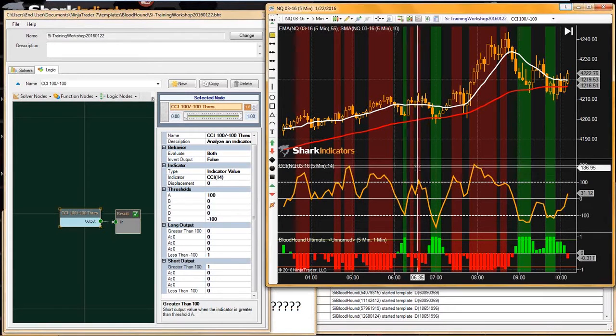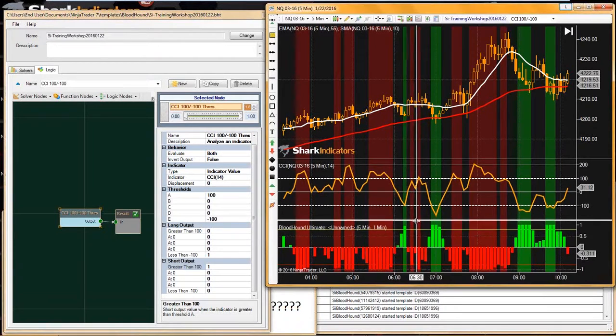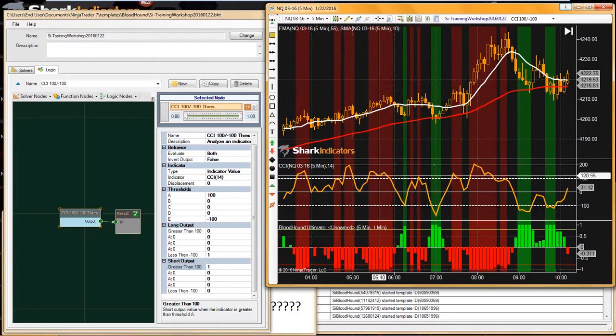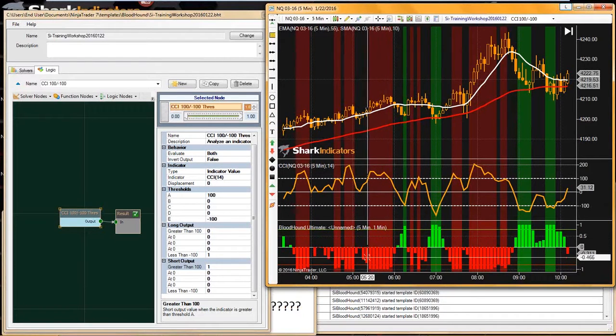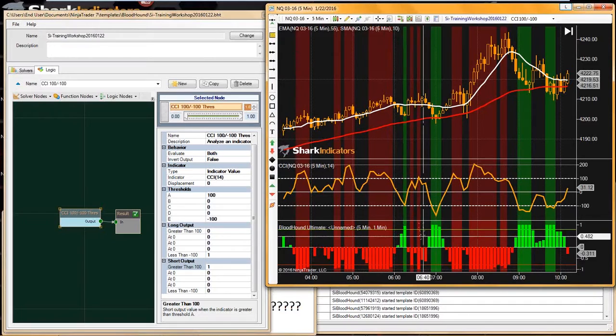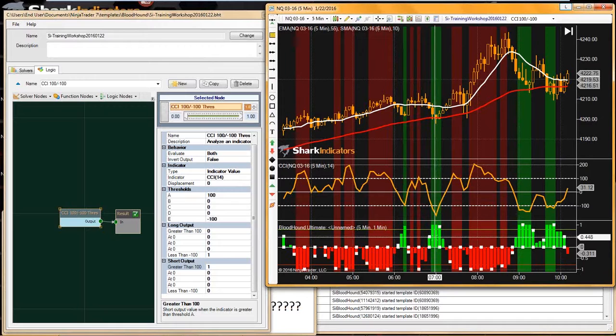If we look at BloodHound here, you notice it has an analog look to it. It's got a fuzzy logic look to it, much like the CCI. It's basically an inverse of the CCI. Most people don't want to use the fuzzy logic part of BloodHound.